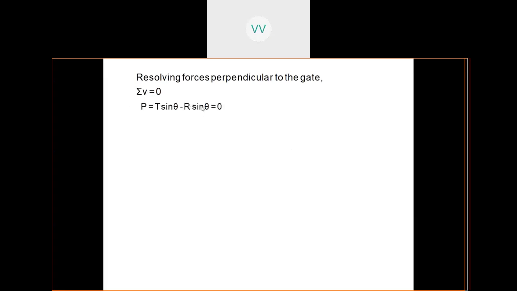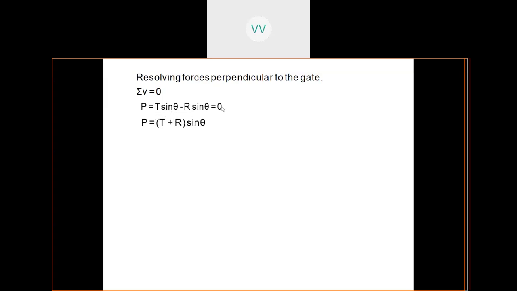So P minus T sine theta minus R sine theta is equal to 0. So with this we have, because T is equal to R, we can take sine theta as common and make an equation.